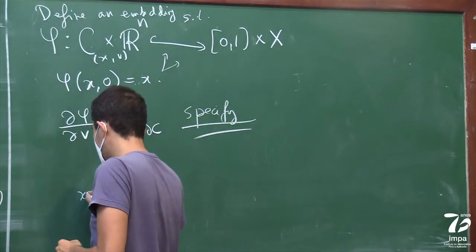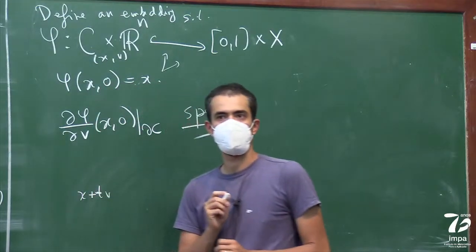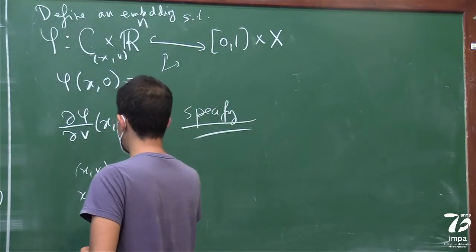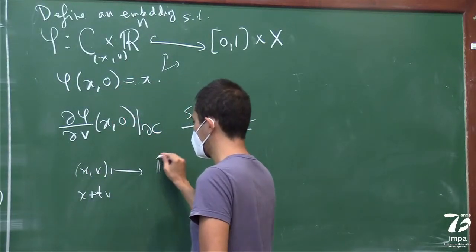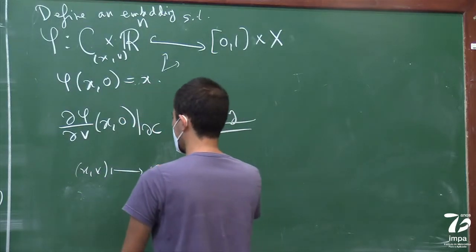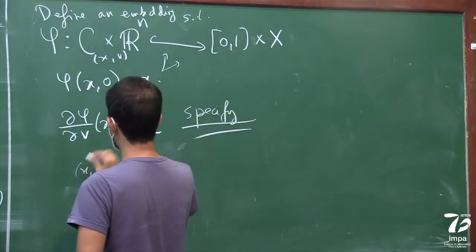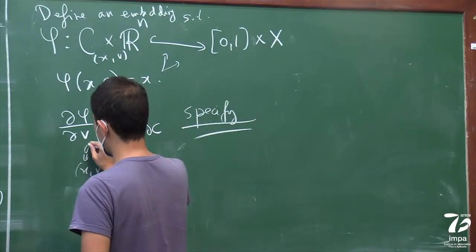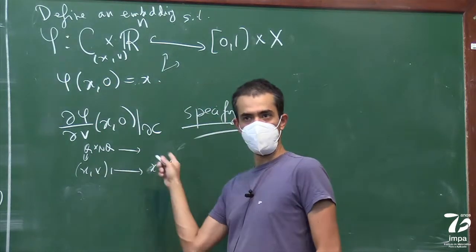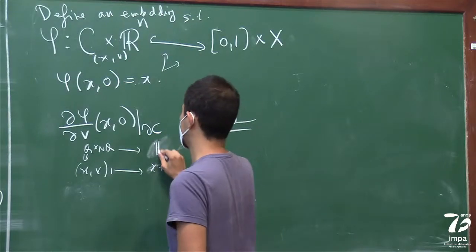You can just take x plus tv for t really small, and that will give you a map from xv into Rn. If this is in some manifold and in some normal bundle, this will give you an embedding into some big Rn.